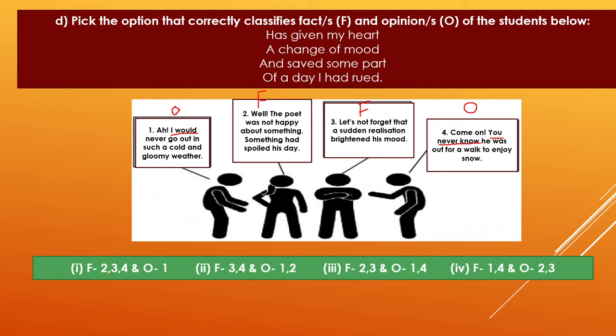Facts 2 and 3 are there, but along with it 4 is also there. So option 1 is not the correct one. In the second option, 2 and 3 facts are not here, and again it is not the correct one. The third one, 2 and 3 fact and 1 and 4 opinion. So we have got our answer. In the last case, 1 and 4 fact, so they are wrong. So third is our answer.